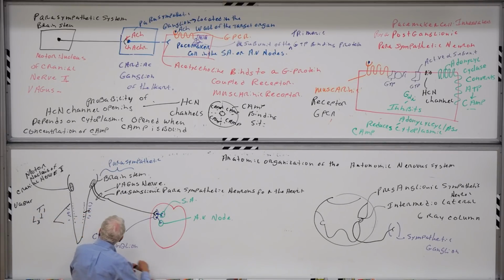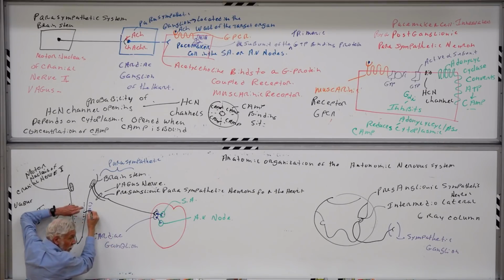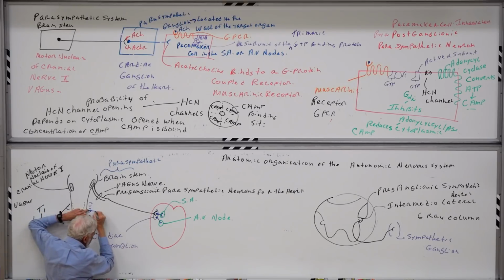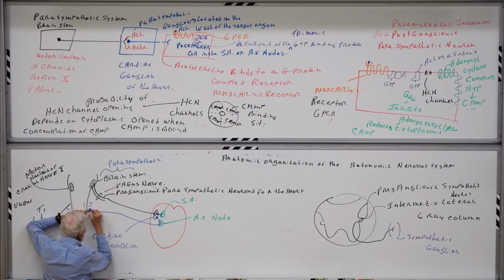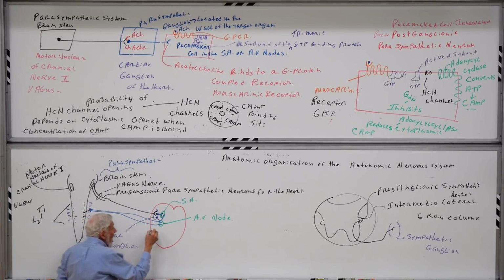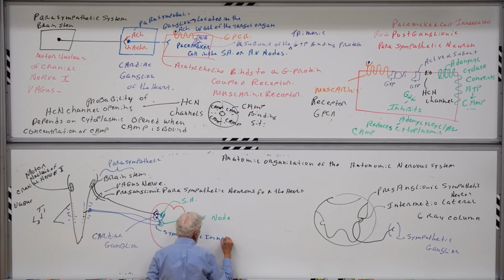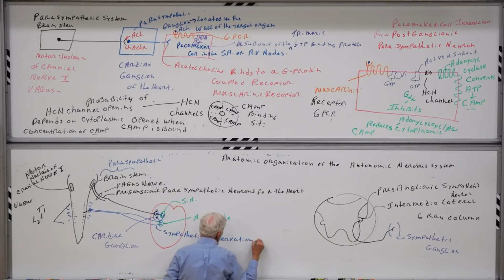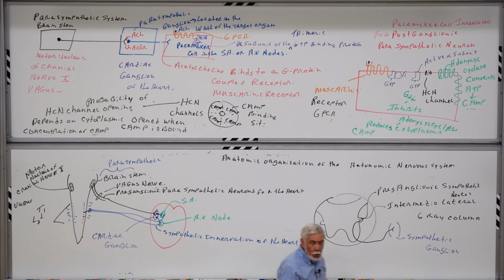There's now a postganglionic sympathetic neuron, which goes from the sympathetic ganglion all the way to the target, either in the SA or AV nodes. Now we have the sympathetic innervation of the heart. Hold on to that anatomy, and I'll show you some pretty pictures tomorrow.